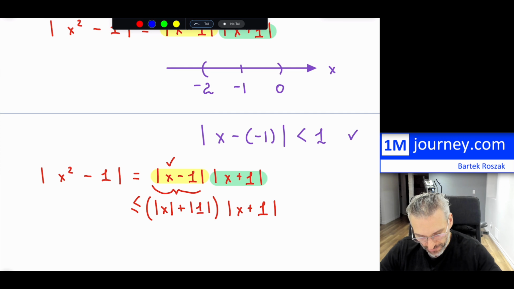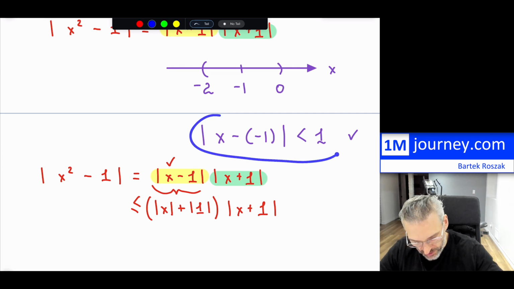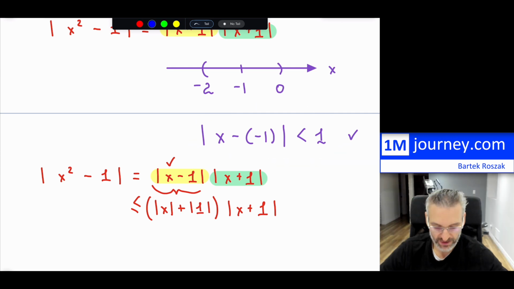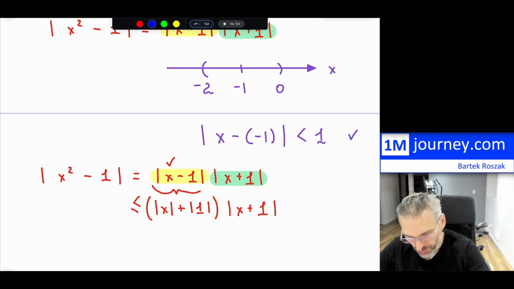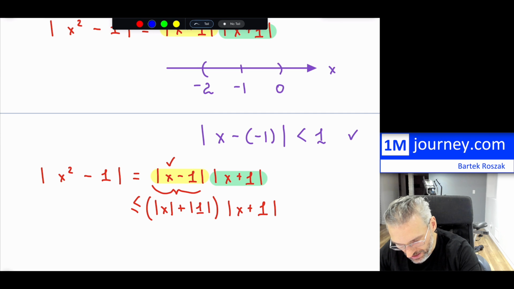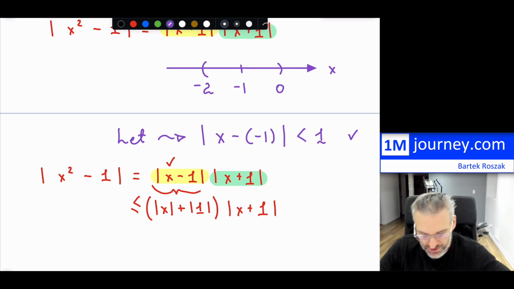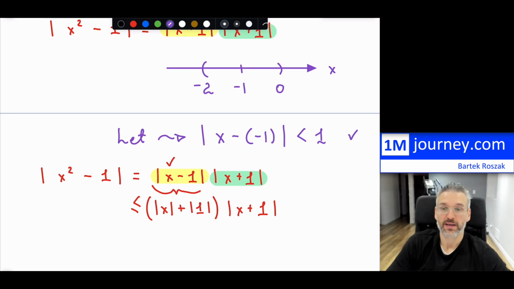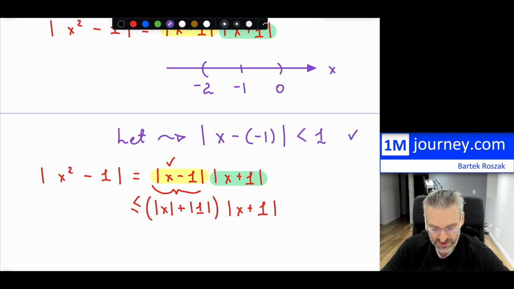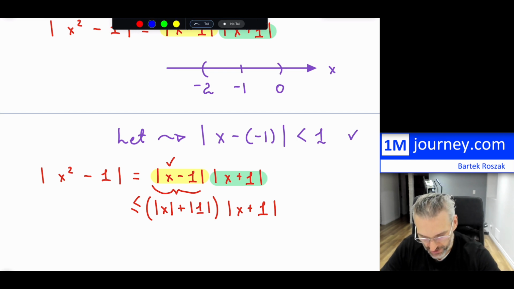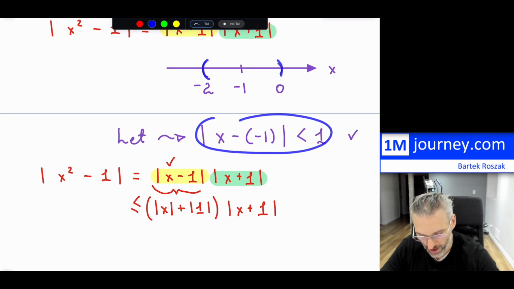And now, because we have restricted this to be within here, we will simply state, let your x be placed in such a way that this holds true, that we're just bounded within 1.